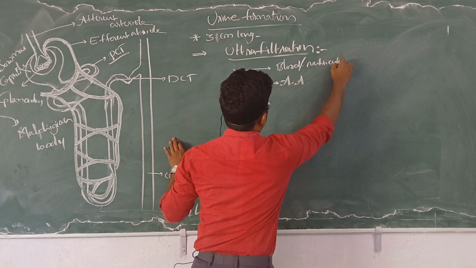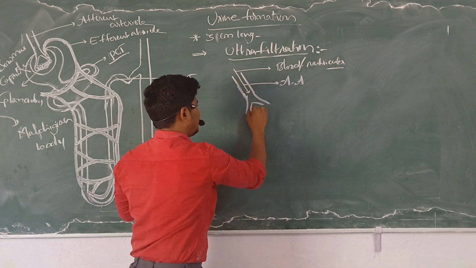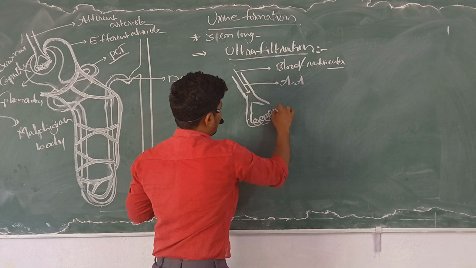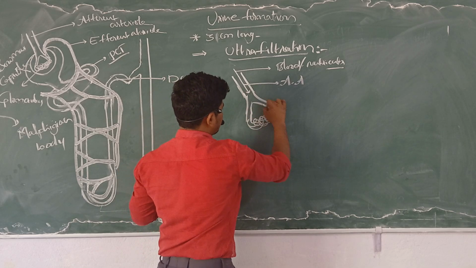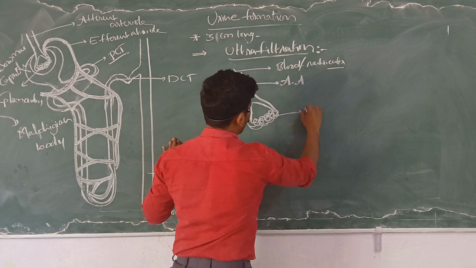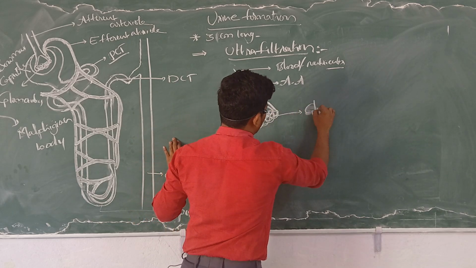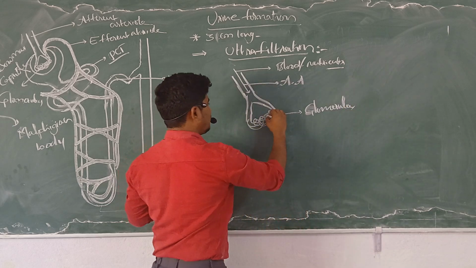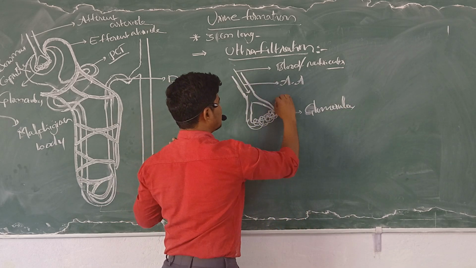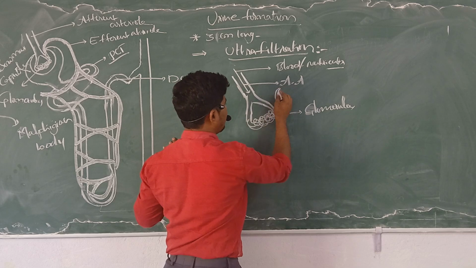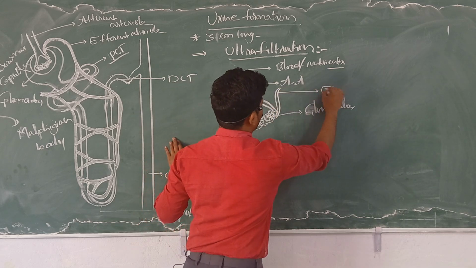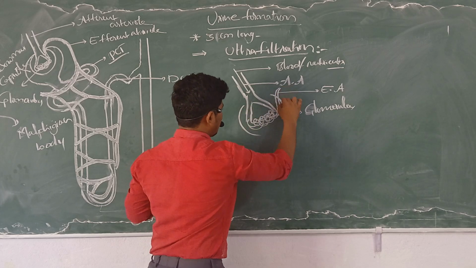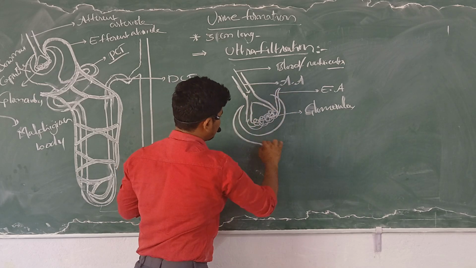It is carrying in this direction, and here it forms a bunch of blood vessels. That is what we call the glomerulus. Then from here a blood vessel arises, which we call the efferent arteriole. All of this portion is happening in this capsule.